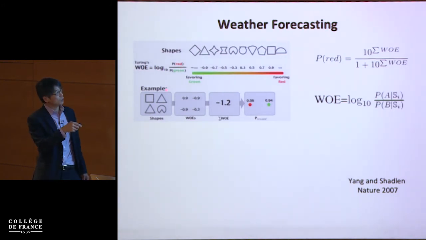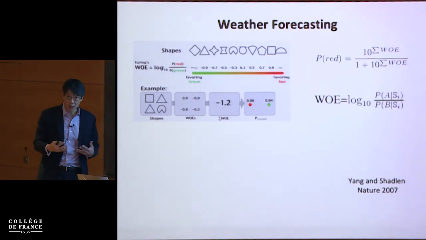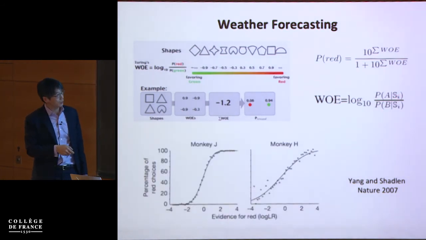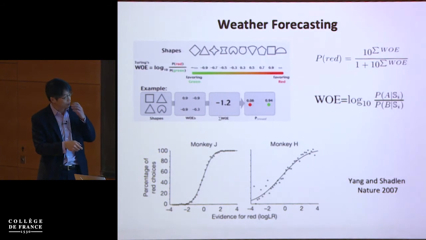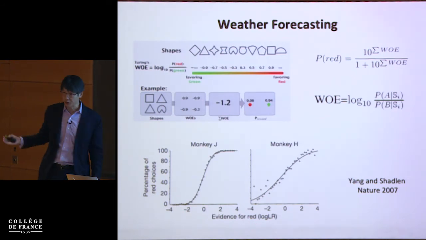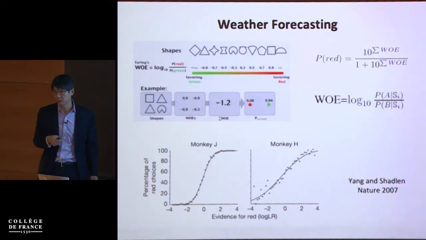And each time you're shown 4 randomly sampled from the 10 possible shapes, you're supposed to combine the evidence by adding the log likelihood odds, right, to make a decision. Monkeys seem to do that. So this is the performance of 2 monkeys showing that the probability of choosing red, for example, is a sigmoid function of the sum of evidence from the 4 different shapes in favor of red.